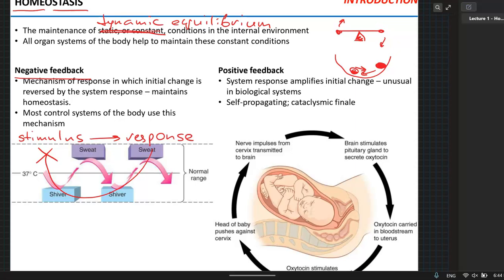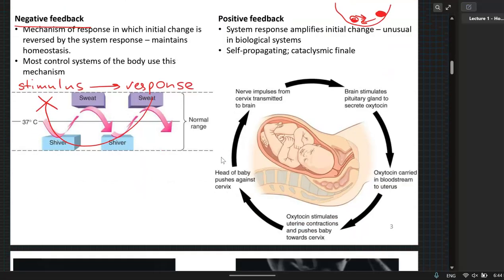Positive feedback is usually associated with some bad outcomes. There are 4 processes that I can think of in the human body that include a positive feedback mechanism. 3 of them are more or less ones that you can observe. One of them is childbirth.